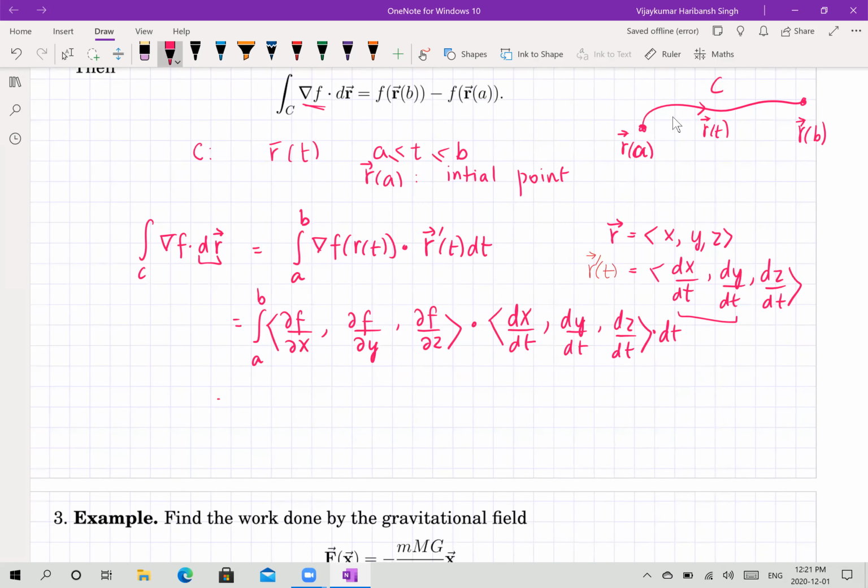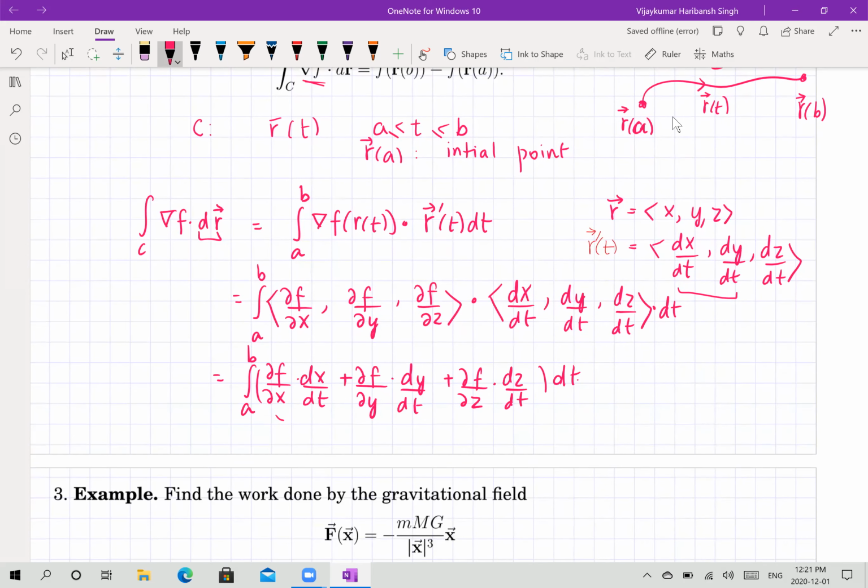Now the dot product is the partial derivative of f with respect to x times dx by dt, plus the partial derivative of f with respect to y times dy by dt, plus the partial derivative of f with respect to z times dz by dt, times dt.